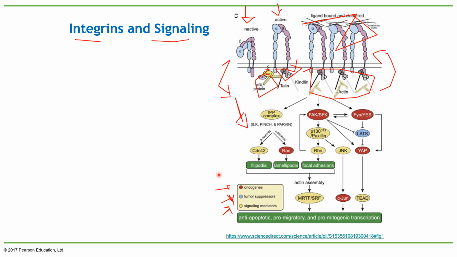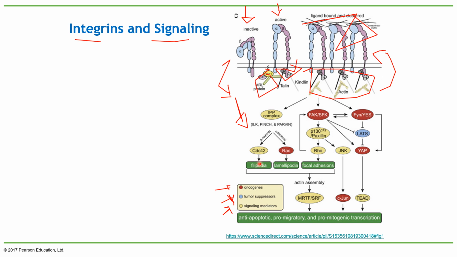Depending on the size of those protrusions, they become either filopodia or lamellipodia. And if you remember, we talked last time about RAC. Here you have the focal adhesions, and they can also be involved in actin assembly, and in anti-apoptotic, migratory, or increased proliferation effects. And they do it here.